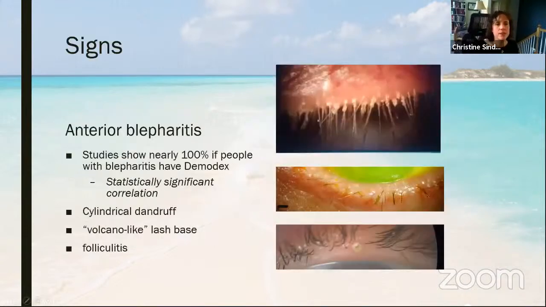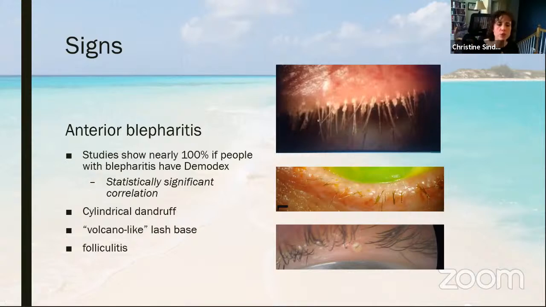So Demodex, these are those little collarettes that I was talking about, and that's what we typically call anterior blepharitis. What happens is, even if somebody's very good at washing their eyelids at home and you don't see these collarettes, it does not mean that they don't have Demodex.